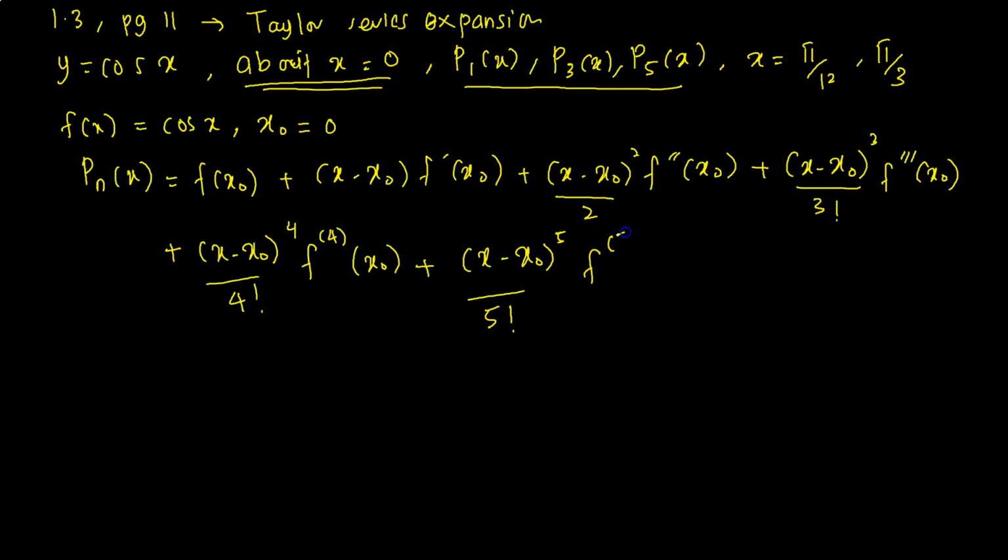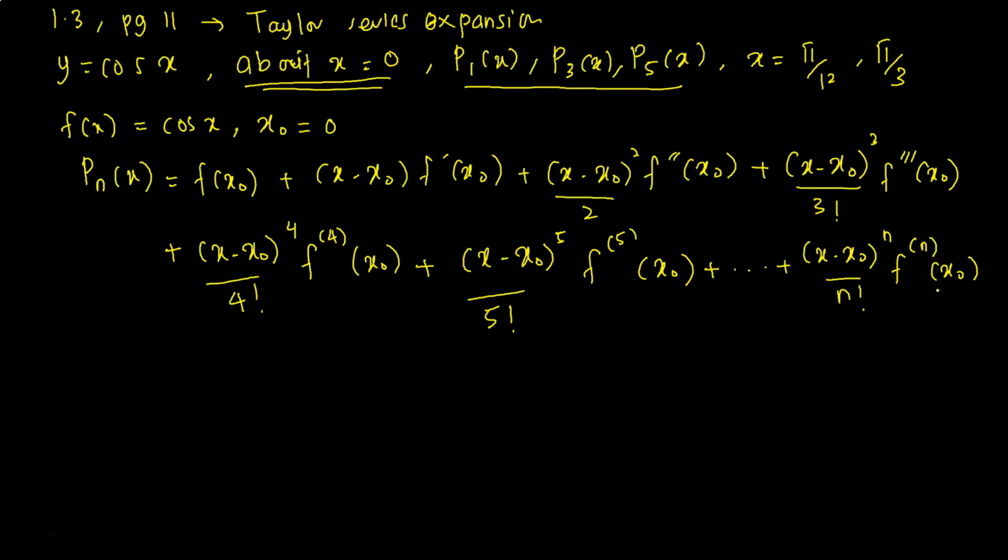Here the power in brackets refers to the derivative. You have to differentiate 5 times. Actually, up to n, so up to (x minus x naught) to the power of n divided by n factorial, and then differentiate the function n times at x naught.